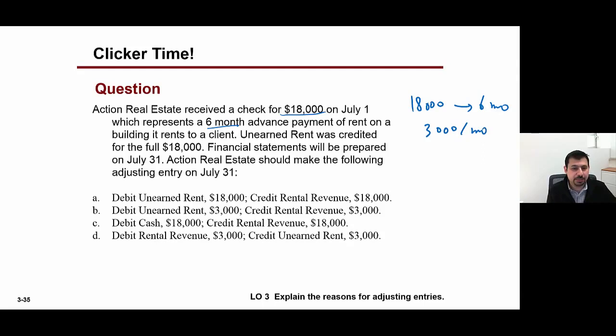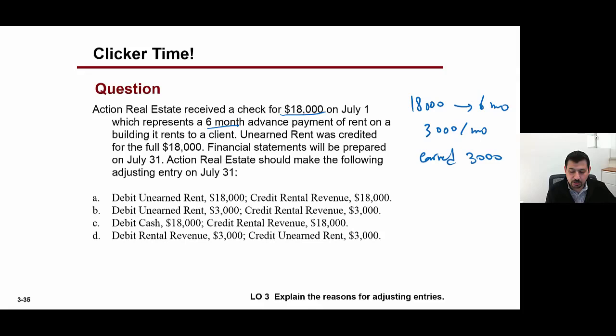Now remember here that the company is renting this building to its client. Basically, they earned $3,000 for that month. How do they make the journal entry?